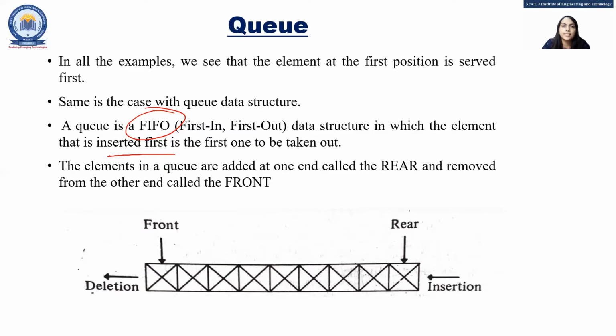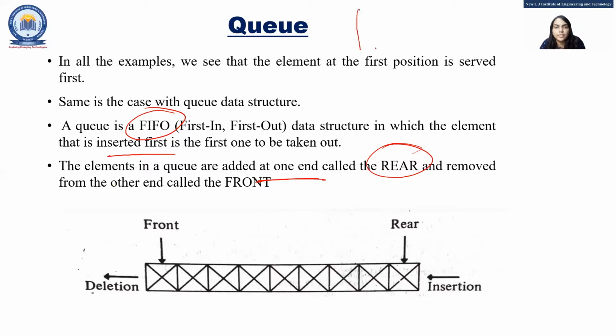We have seen that stacks work in LIFO manner, that is last in, first out. And here in the queue, the first element entered is the first one to move out. So elements in the queue are added at one end called rear and removed at another end called front.